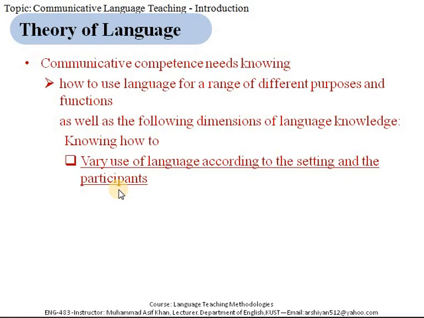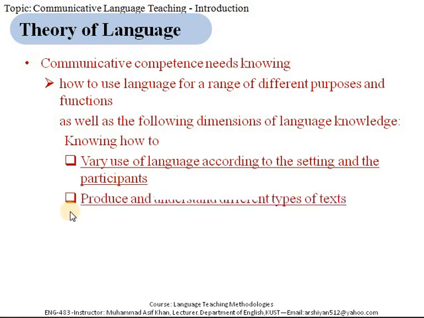And the second thing is to know when to use language that is appropriate for written style as opposed to spoken communication. So learners should have a clear distinction between using language in different settings and with different participants.